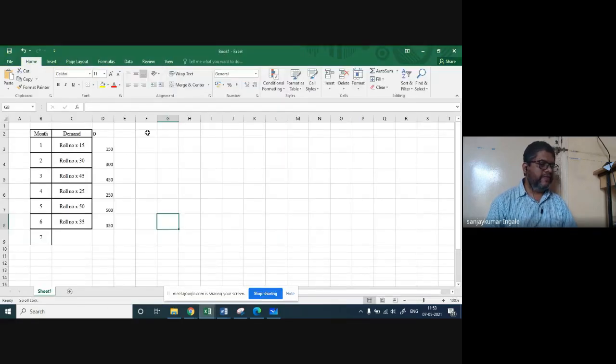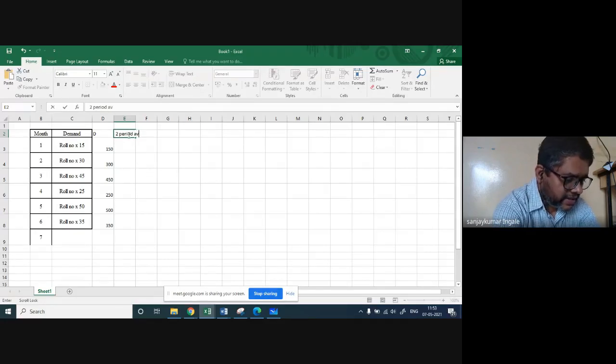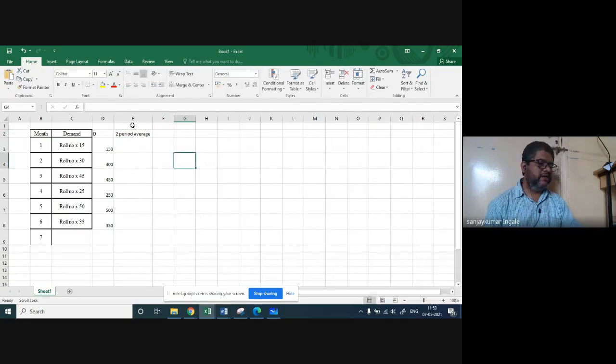So for the moving average, first we take 2 periods and estimate the demand. If I take a moving average with period 2, we have to take the 2 period average first, and then see what the demand is. So for the third period, if you want to calculate the demand, it will simply be the addition of the last 2 periods.